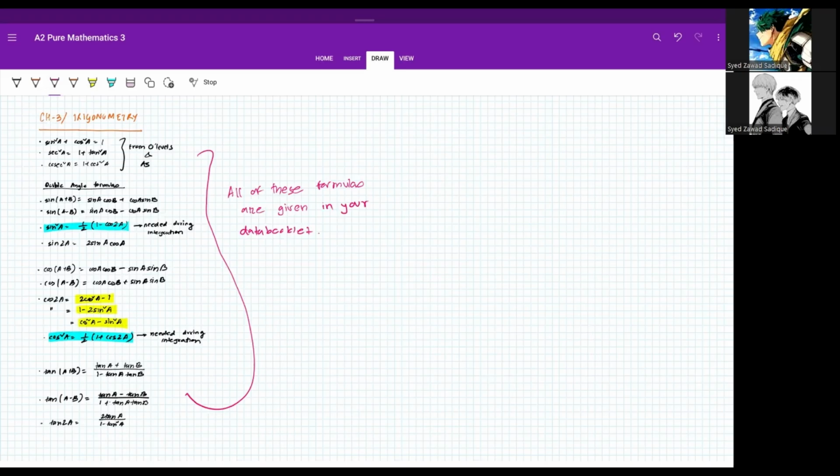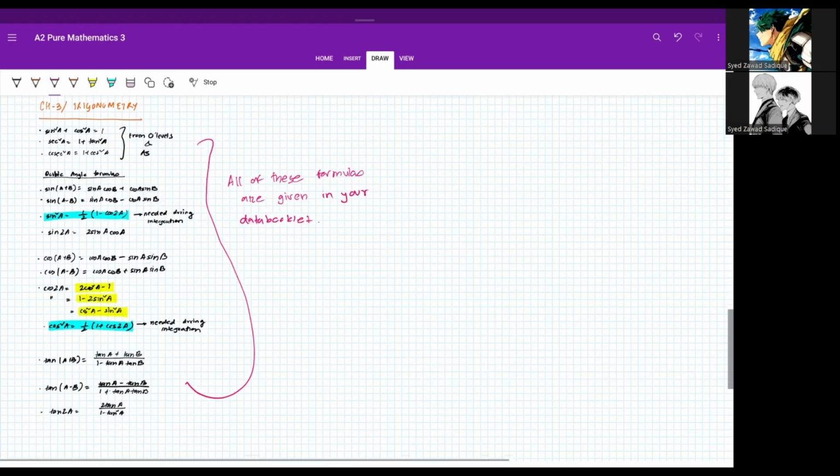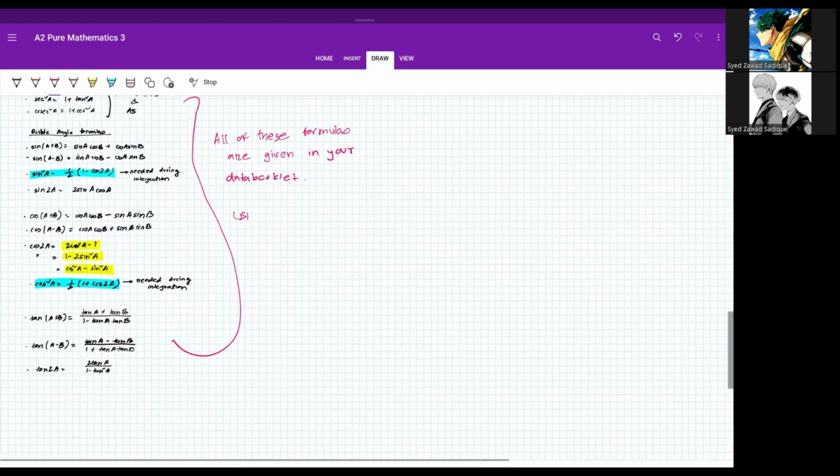However, you still have to memorize everything and make sure that they're engraved in your bone, because you will be using these and dealing with complex identity proofs. And let me tell you, A2 identity proofs are no joke. So make sure to write them down at least once every day and memorize them.